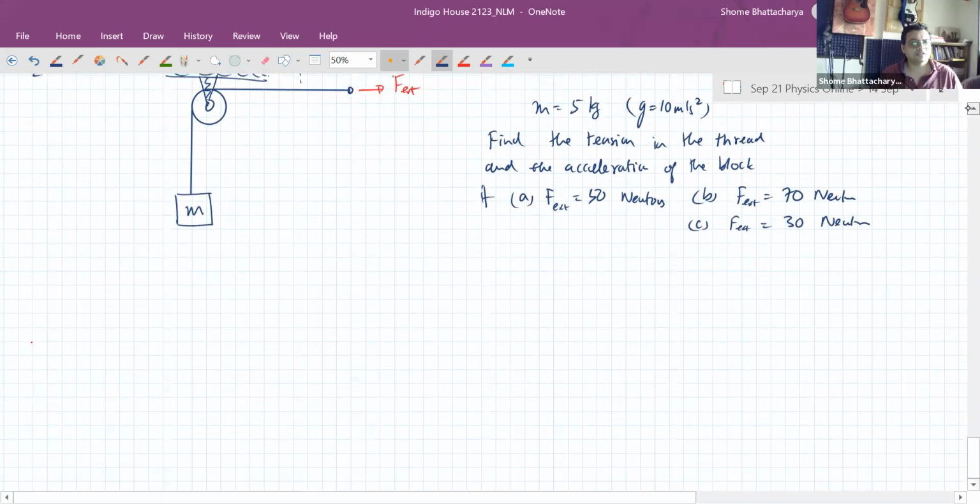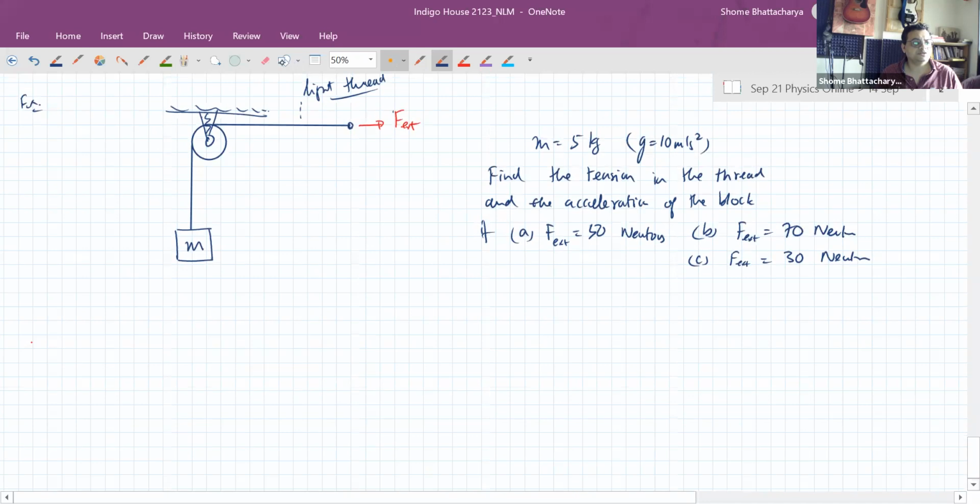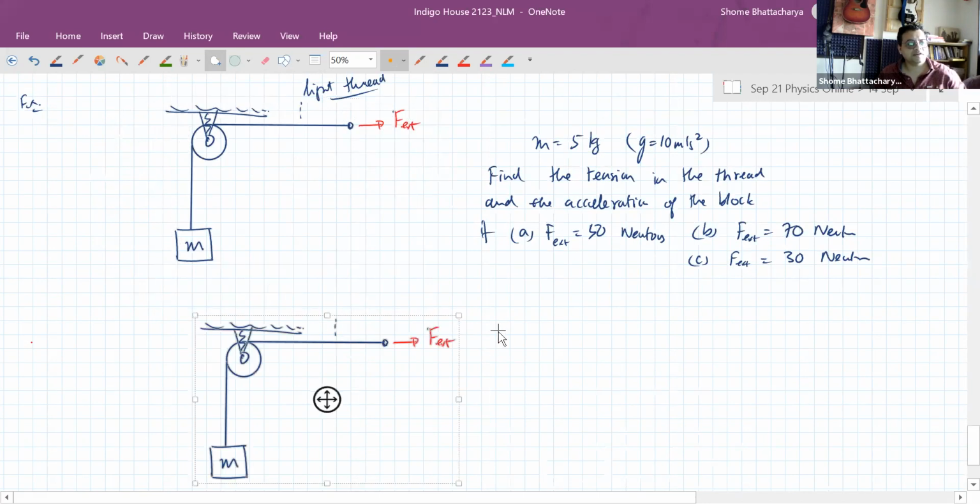Now see in the example, first of all, what we'll understand is that the weight of the block acting on it gives it a tendency such that the block is pulling downwards on the thread. And from the other side, we are applying external force. So the combination of these two things happening, that is gravity pulling the block downwards and the external force pulling the end of the thread on this side in this direction.